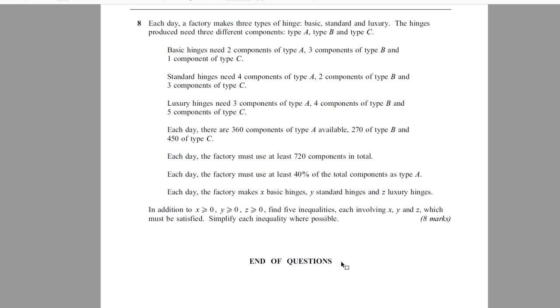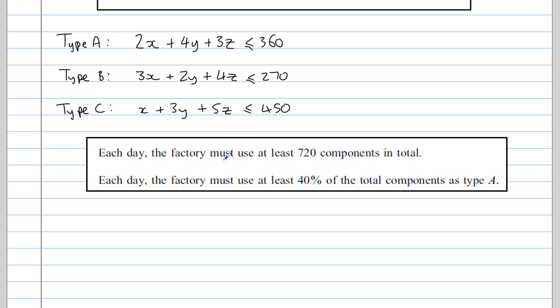To get my next 2 inequalities, I need the extra statements that are given here. We're told that each day the factory must use at least 720 components in total. Well, look at our expressions here. This expression represents the total number of type A components, this expression represents the total number of type B components, and this expression represents the total number of type C components. So we're going to write a constraint for the total number of components.